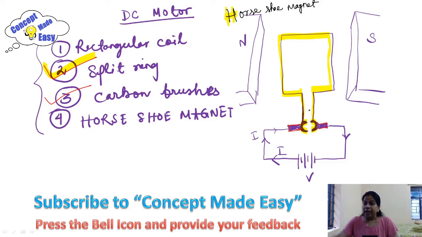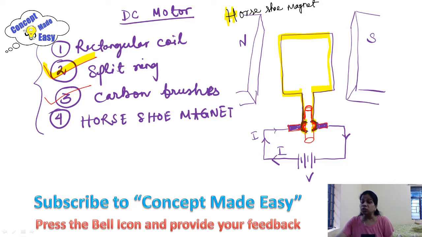So now an axle or a shaft is connected in between this commutator or the split ring. Once the shaft is connected, there must be insulation in the inside part of the split rings, because if there is no insulation, there is a connection between the axle and the carbon brushes.